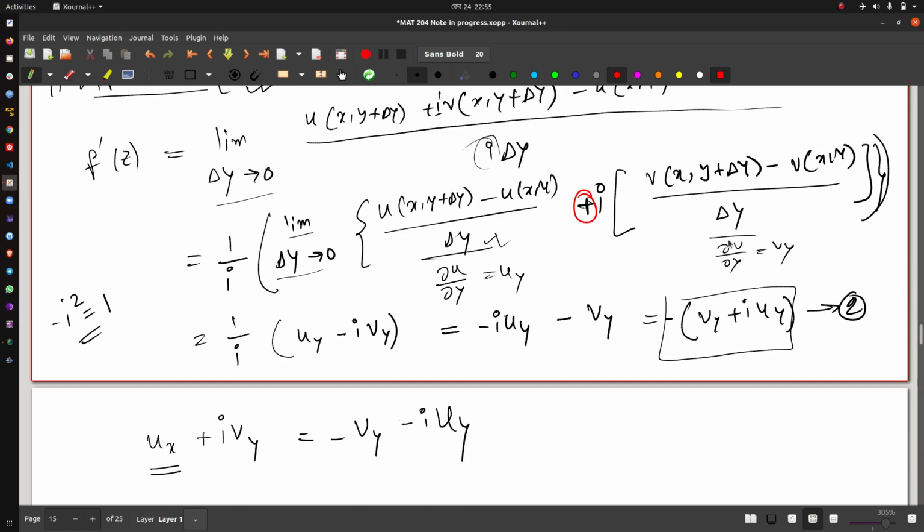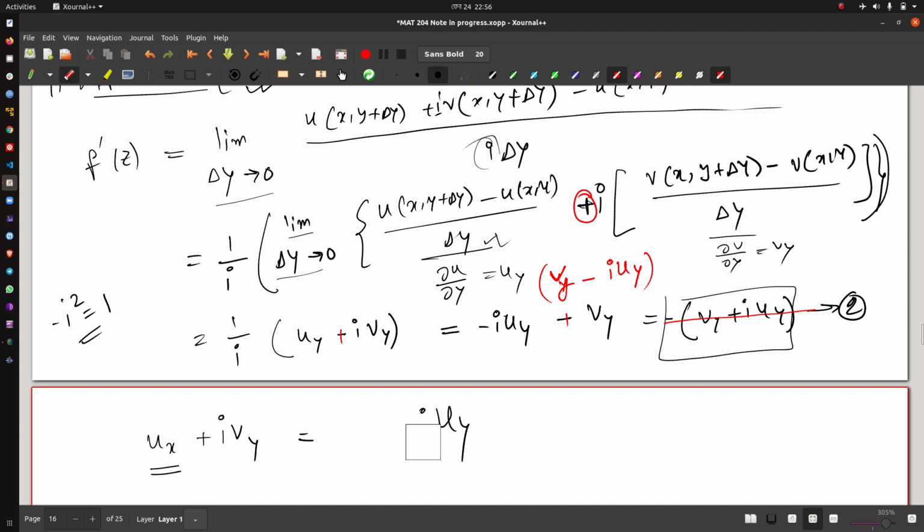So to rectify this mistake, this should be a plus and this should be a plus, yeah, and this is it, vy minus I uy. Okay, so that should be our right hand side. So this is wrong, there is a sign mistake in it. On the right hand side you should have Vy minus I Uy.